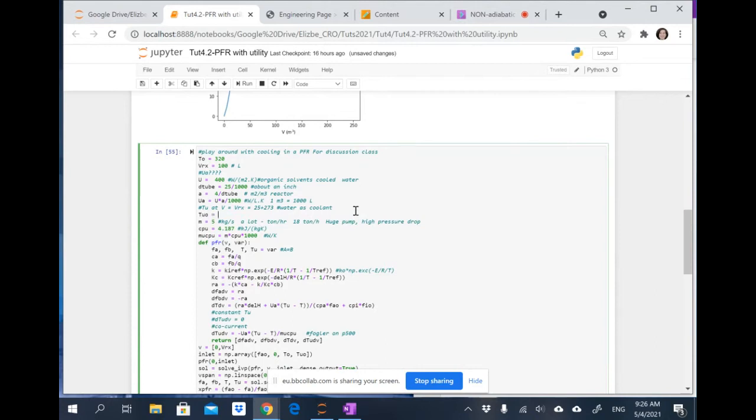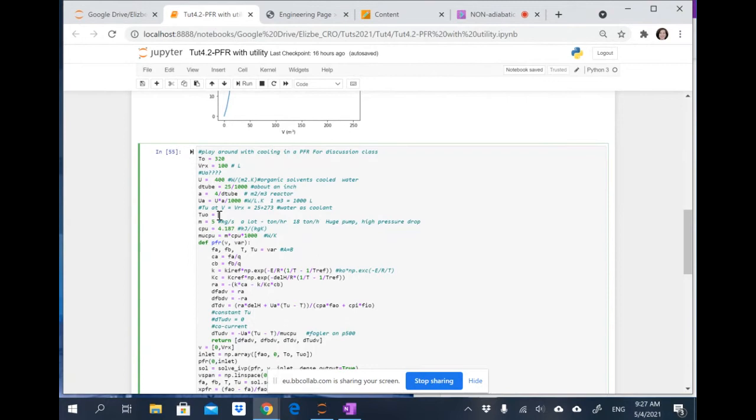I'm going to do this manually. Of course, later on we can build it into a solver or whatever, but let's just see what happens if I build it manually. And now, what is a good guess value to use? So I will always compare it to the temperature of my reactants. I would still want heat transfer to take place between that temperature and the temperature of my utility, at the point they are in thermal contact with each other.